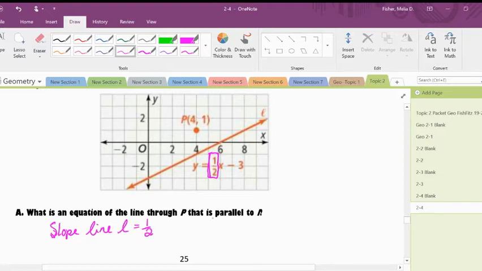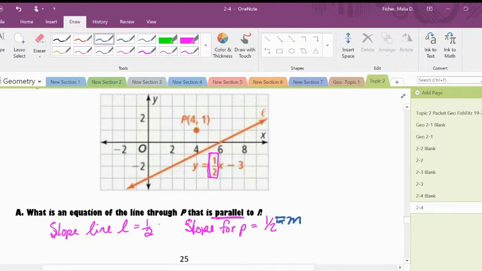If we're talking about parallel, then we know that our new line has to have the same slope. So our slope for P will be 1/2 also.